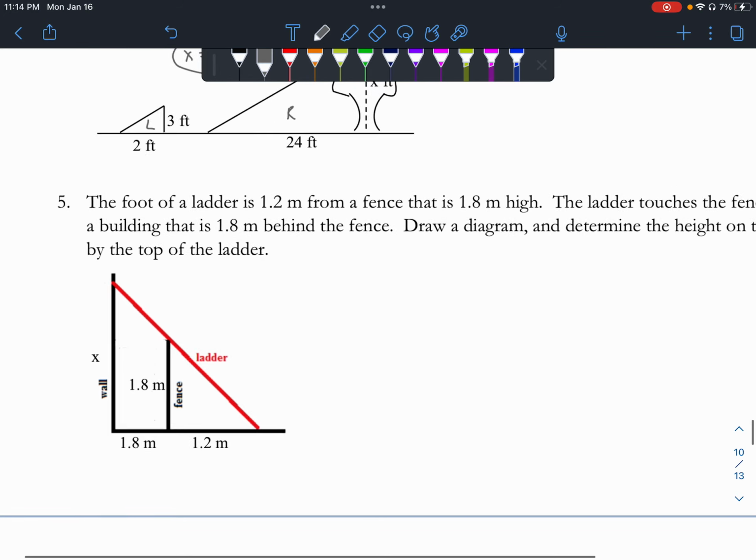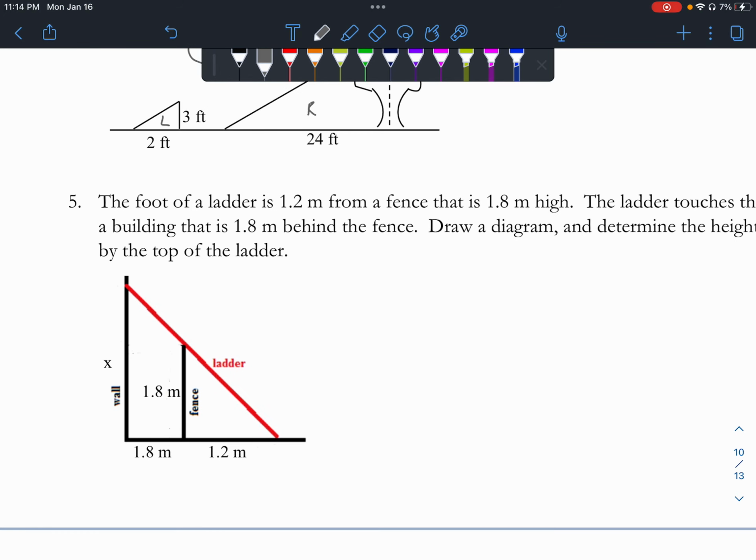For number 5, again, you see something along the lines of this with things leaning against other things. You have, again, something vertical, but this time instead of having a shadow that's horizontal on the ground, we're talking about a ladder oftentimes, or a piece of wood that is leaning up against the wall. That creates this horizontal line figure that we're seeing here.